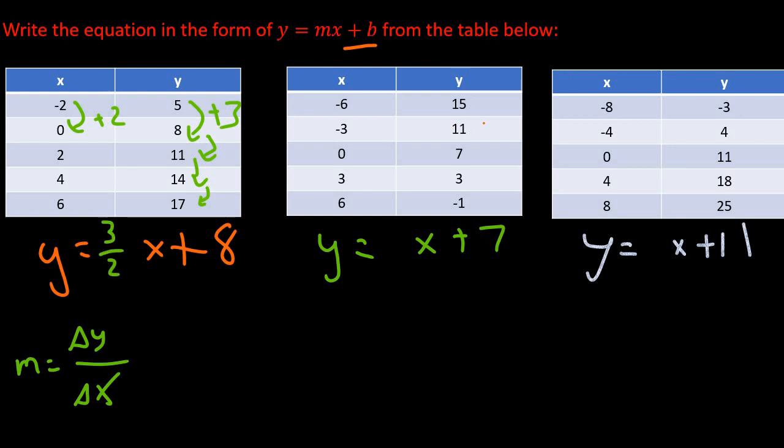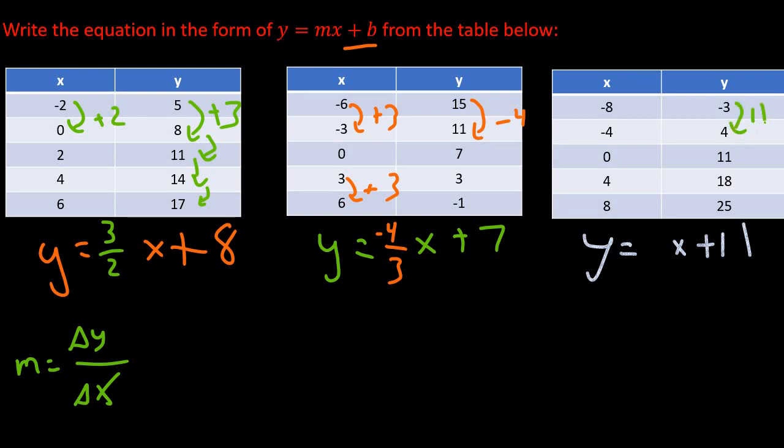Or in the next one, the y's appear to be going down by 4 each time, and the x's are going up by 3. Don't be confused there about the negatives. So the slope this time is going to be a negative 4 over positive 3, or just negative 4/3. And in this last one, it appears the y's are going up by 11.